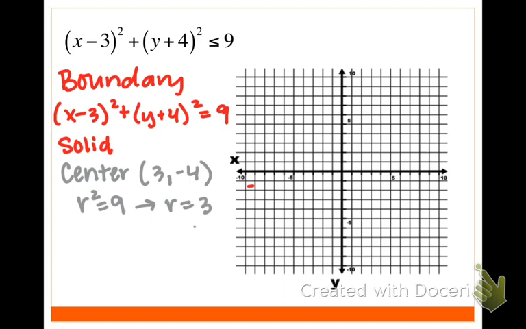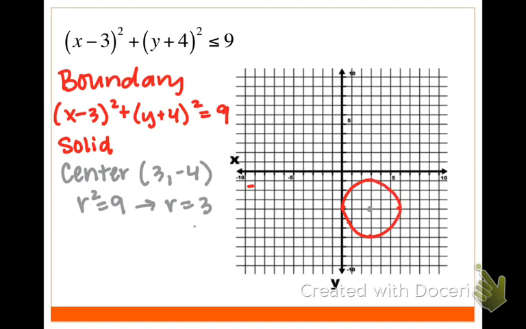So starting from that center point, 1, 2, 3, 1, 2, 3, 4, I get my center point, and then I can build out from there. And so I want to go 3 in each direction, left, right, up, down, 1, 2, 3, and I can draw in. I do want this to be a solid line.